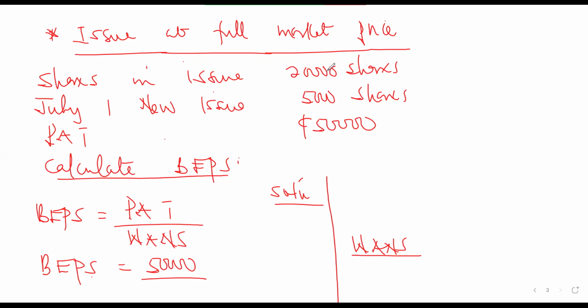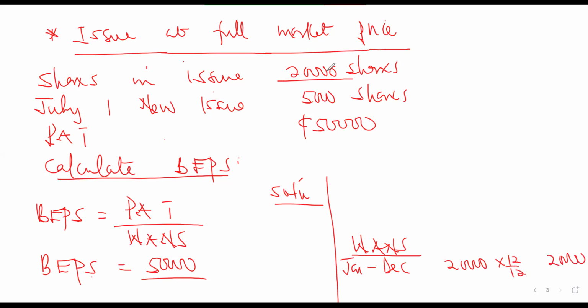That is fine, but you have to learn a new thing. How many months will the 20,000 do? It will do a full year, isn't it? Yes, 12 months, January to December. So if you multiply by 12 over 12, you still get the 20,000.